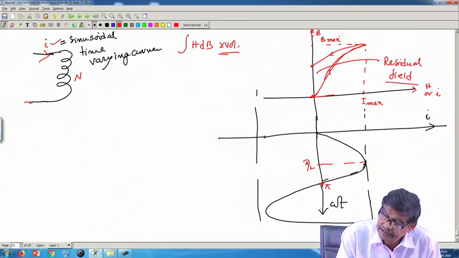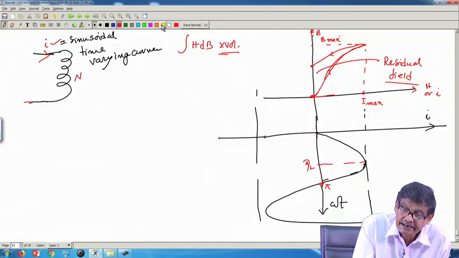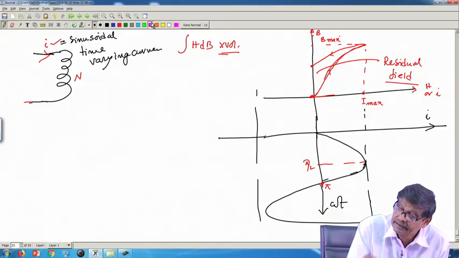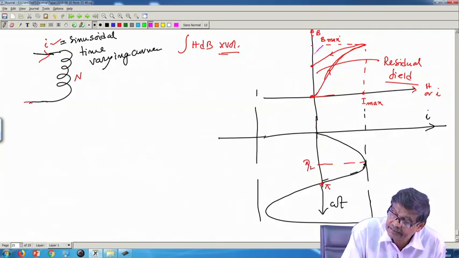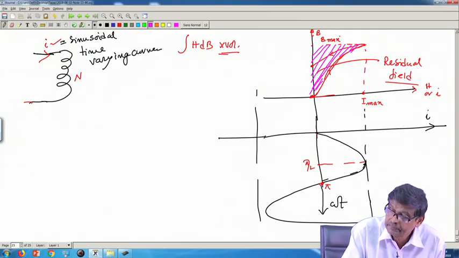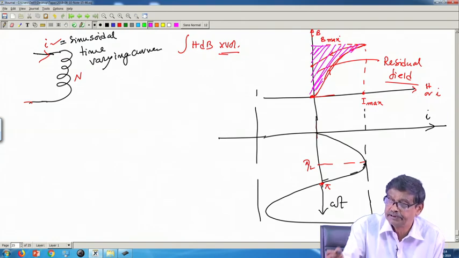So, as the current increased from 0 to I max, energy you have supplied is nothing but this area. This whole area, the pink shaded.